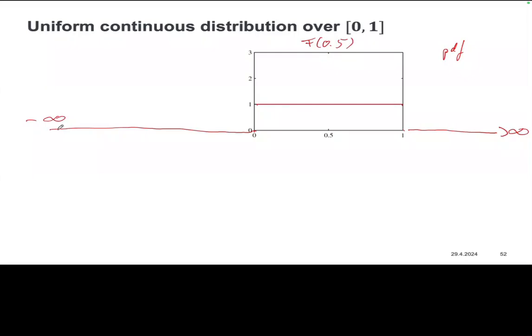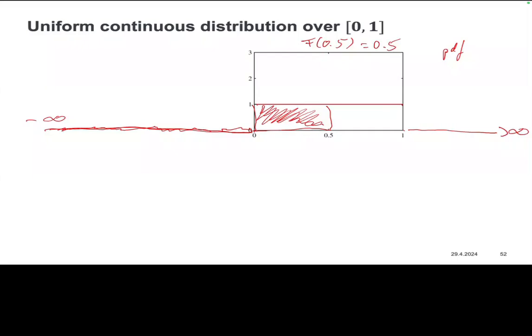And when I'm now interested in a particular value, let's say F of 0.5, I have to sum over all the mass assigned from minus infinity to 0 and from 0 to 0.5. Now the area from minus infinity to 0 is an area of 0, and then there comes this area which is 0.5 in this direction and 1 in this direction, and this gives me exactly a value of 0.5.